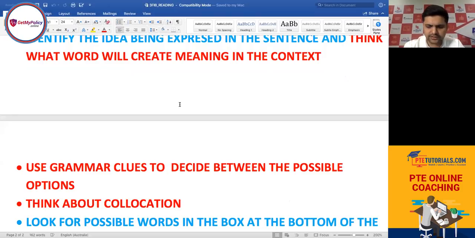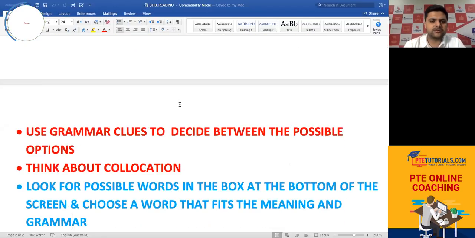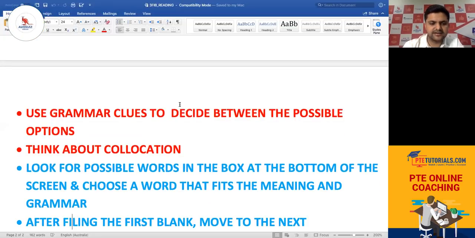And while you're doing this, you can use grammar clues to decide between the possible options by looking at the options in the box given at the bottom of your screen, and also think about all the possible collocations and try to choose a word that fits both the meaning and the grammar.